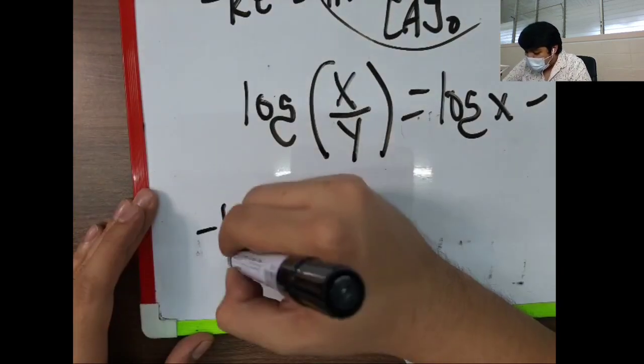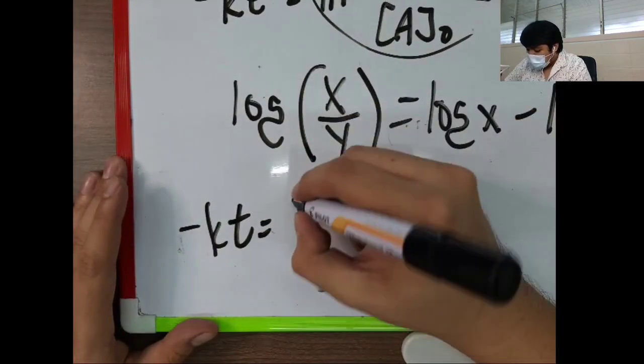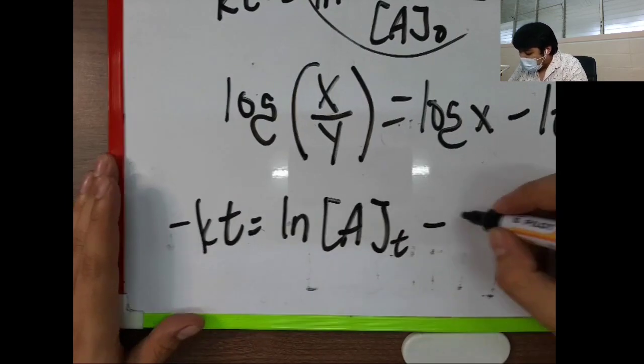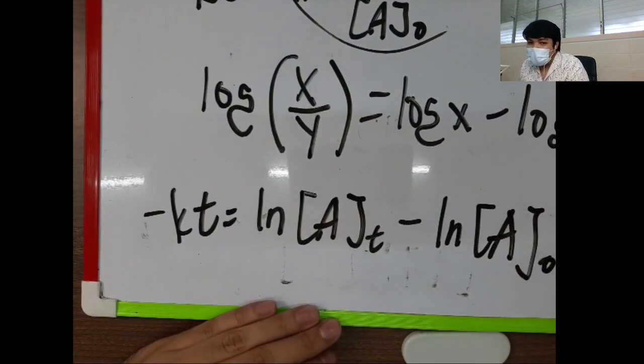So negative kt equals ln A at t minus ln A null, or our initial concentration.